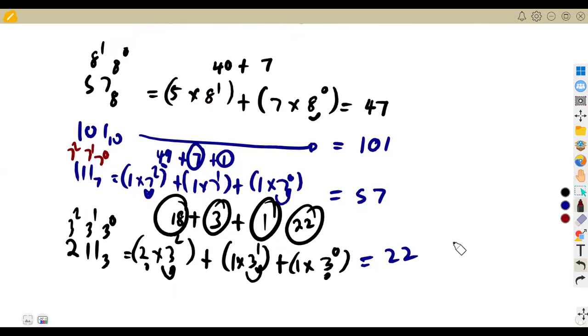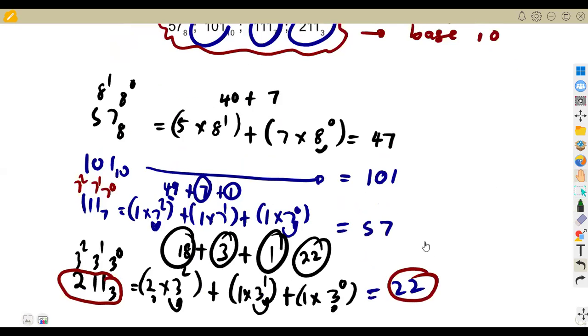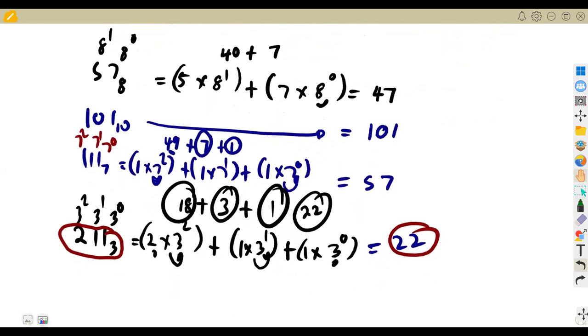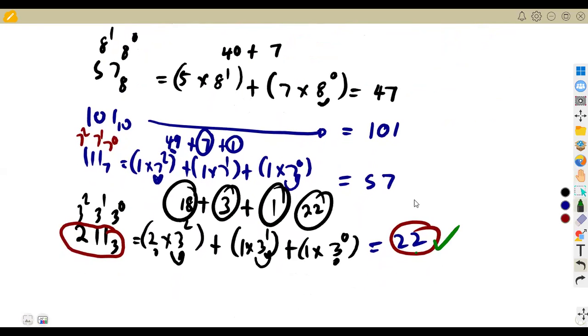The smallest number in base 10 is 22. There's no 22 among the numbers we are given. This is just for you to know that this is 22 in base 10, so I can properly see that it's smaller than the others.